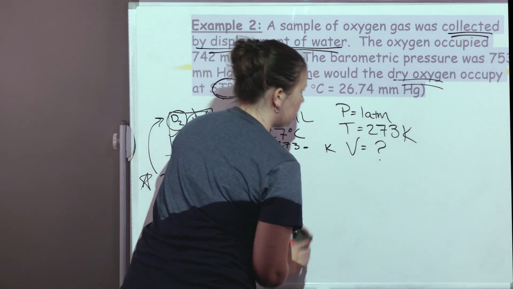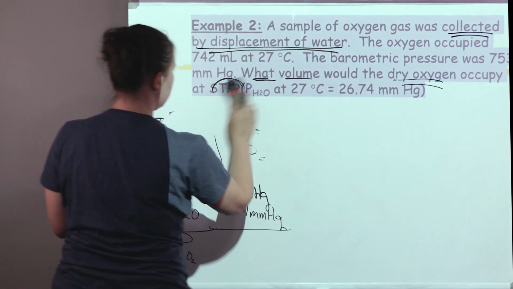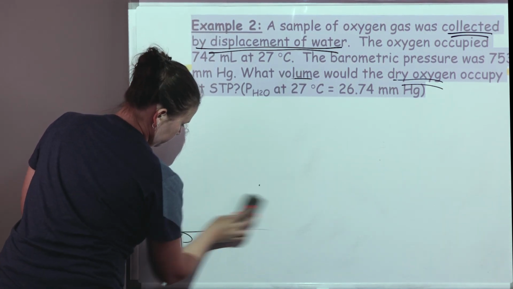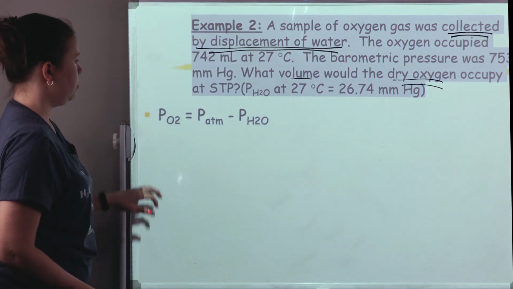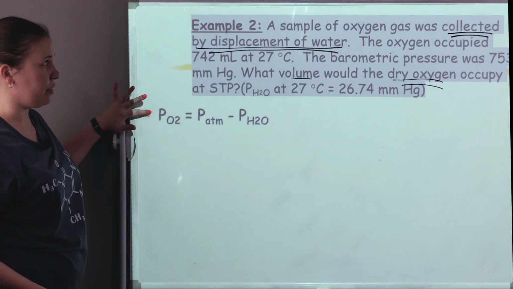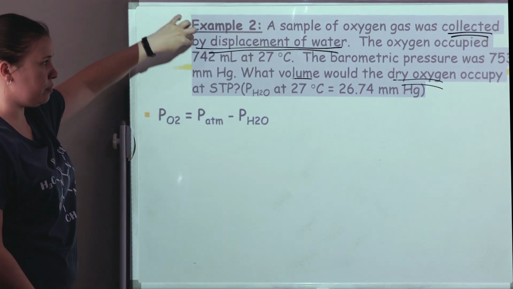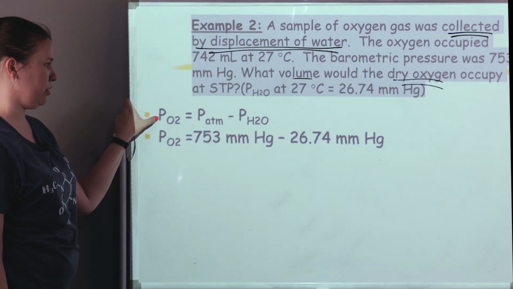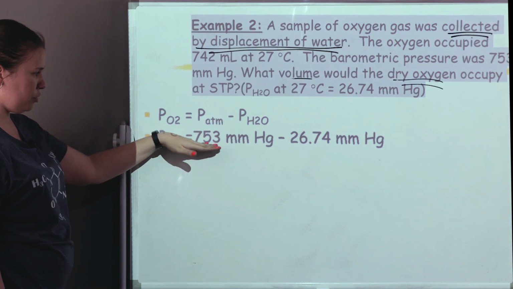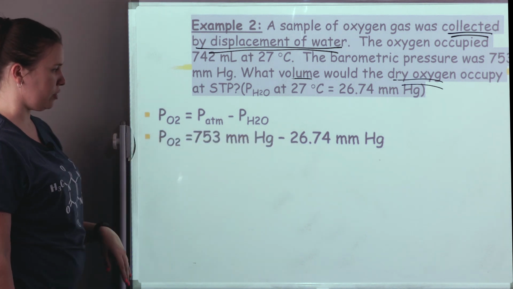I know my handwriting is getting a little messy here. Let me erase this and clean this up for you. So first thing is to isolate. When you see collected by displacement of water or dry oxygen, we want to figure out what the real pressure is. So we're going to take the barometric or atmospheric pressure and subtract the water pressure.